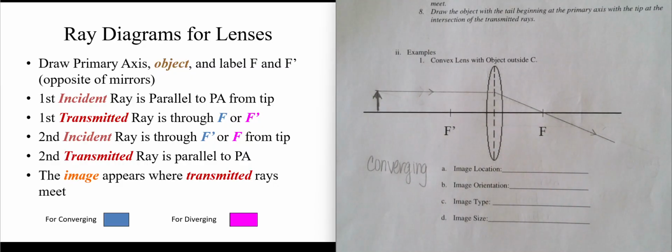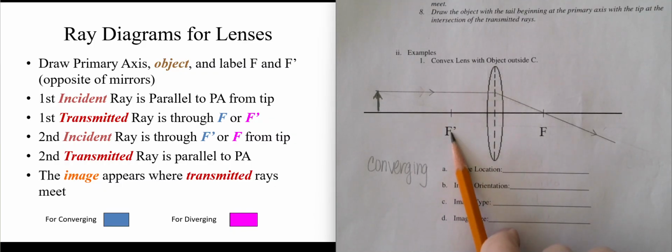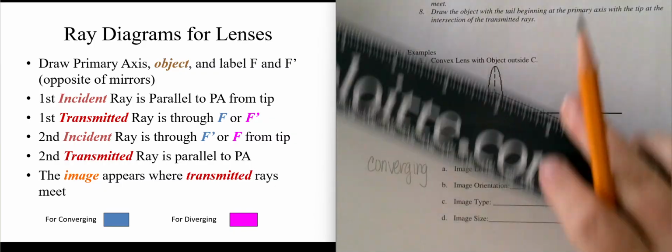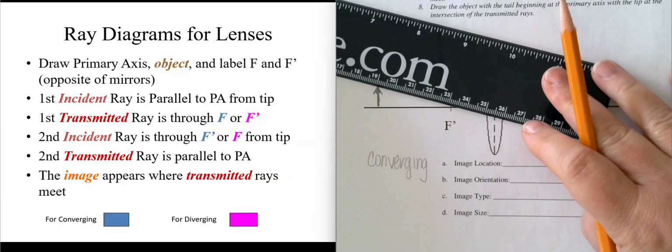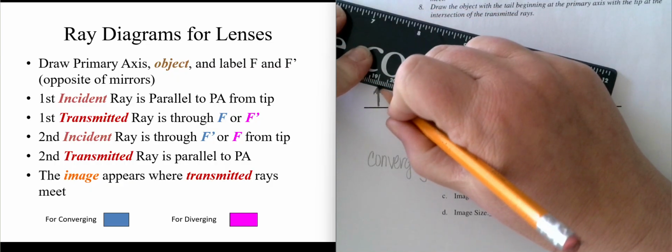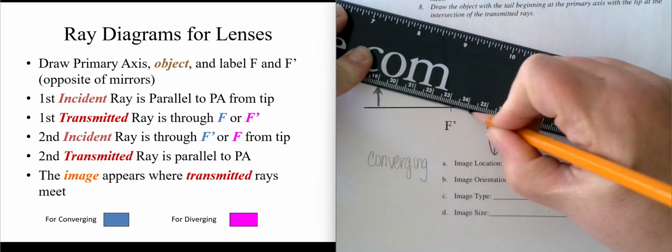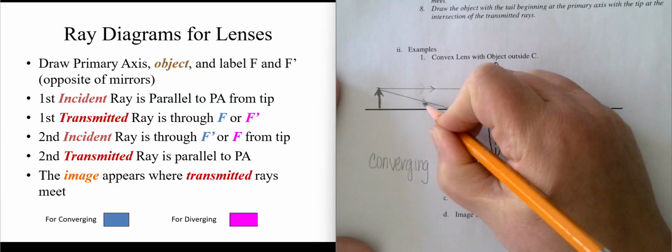That's what lenses do. The second incident ray, instead of aiming at the actual focal point, is going to aim at the virtual focal point. So this time we're going to aim the tip, the focal point, and line it up to the center of the lens, drawing it and terminating right at the center.